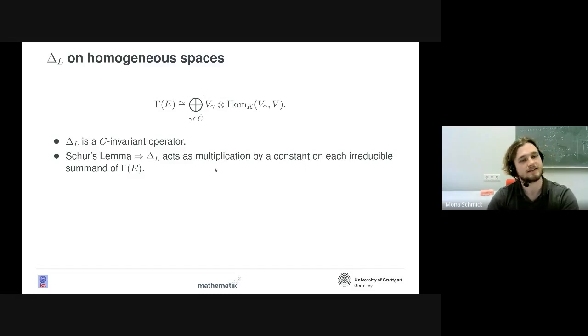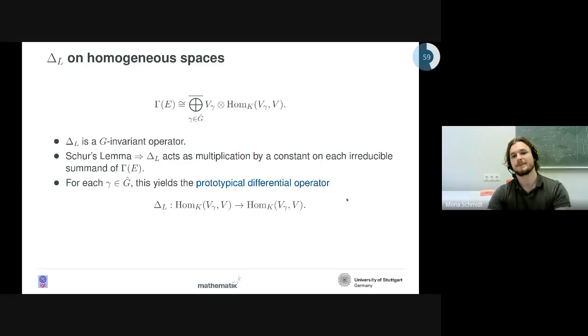Okay, and it's loosely right. It's not exactly right. The precise way of saying is that it acts for each gamma. So for each type of irreducible representation, we have some linear operator going from this finite dimensional vector space to this finite dimensional vector space.